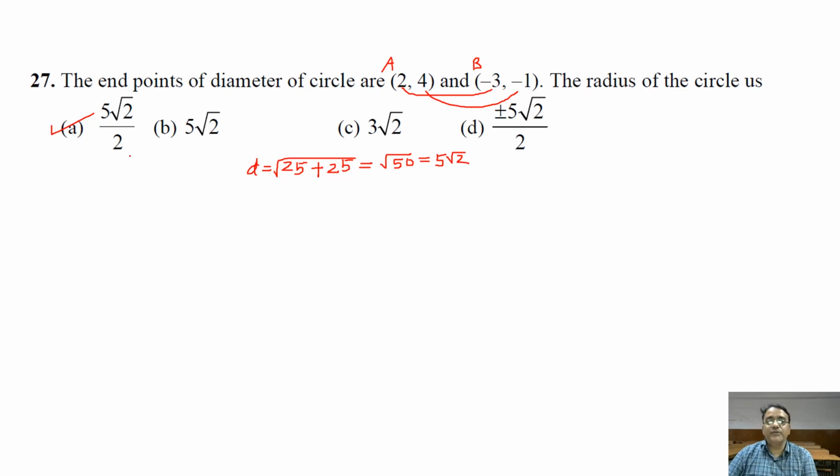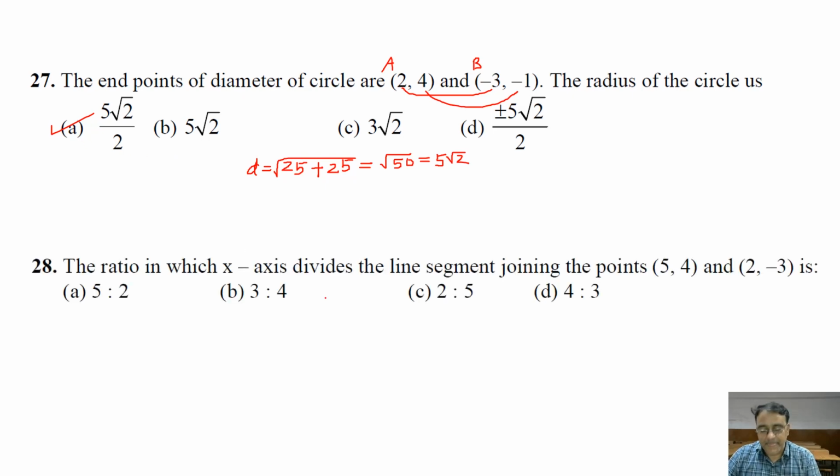Okay, now we are moving toward question number 28. The ratio in which the x-axis divides the line segment joining the points (5, 4) and (2, -3) is dash. I am taking the ratio k is to 1, and we know that on the x-axis y is 0. So I am going to take the y coordinate, right?